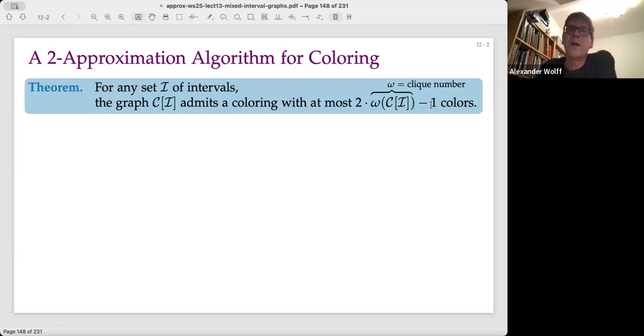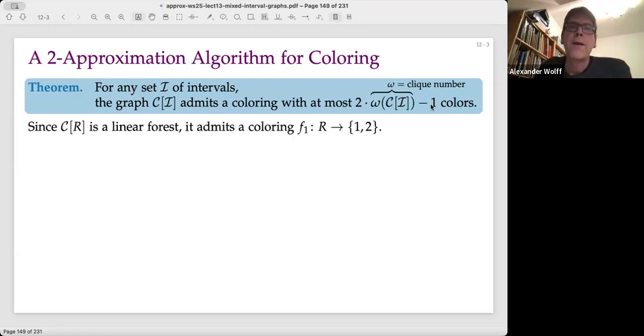Okay, and how does it work? As I said, this subgraph C of R has a very simple structure. It's a linear forest, so we can simply color it 1, 2, 1, 2, 1, 2. That's it.